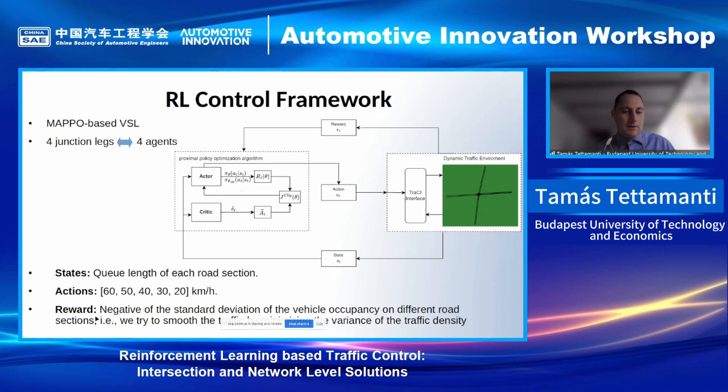And the reward is the negative value of the standard deviation of the vehicle occupancy on the different road sections. So briefly, via the reward function, we try to smooth the traffic by minimizing the variance. So that is the point, the variance minimization of the traffic density.